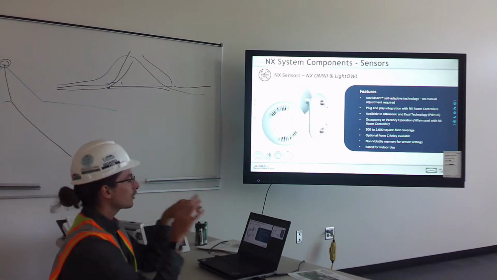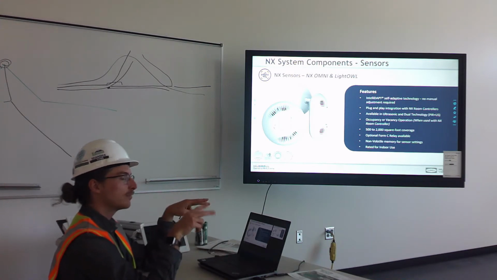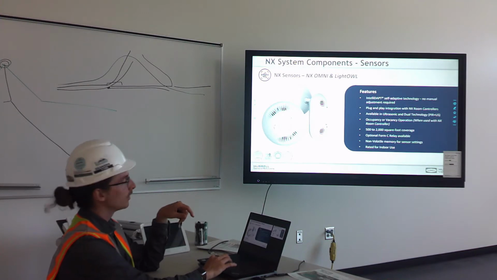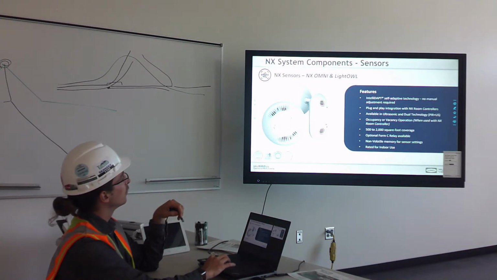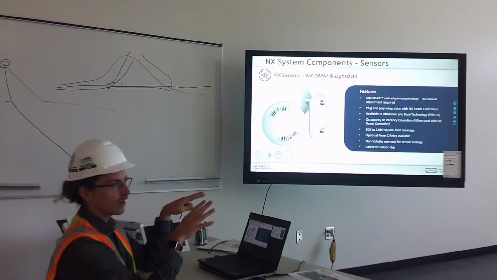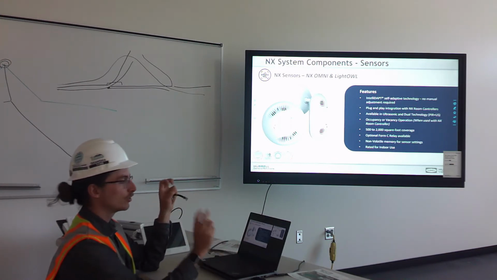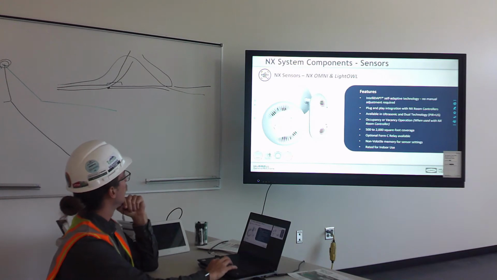So these sensors actually have two different sensors on them. You've got the lens, which is infrared, and then the grate, which is ultrasonic. So they're dual technology sensors.